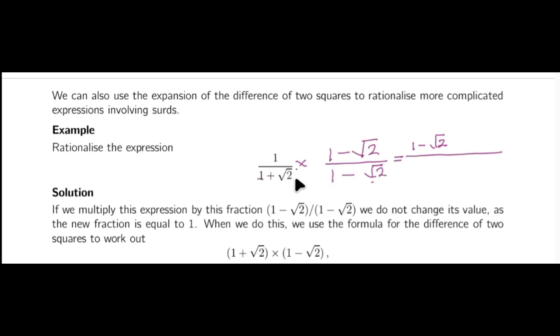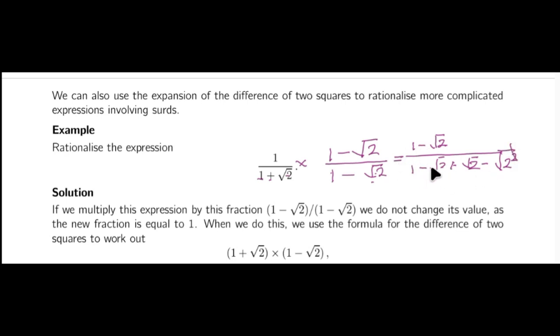So what we're going to be left with is 1 minus square root of 2 upon, 1 multiplied by 1, like we did earlier on, gives us 1. 1 multiplied by minus root 2 gives us minus root 2, right? Similarly, root 2 multiplied by 1 gives positive root 2, then root 2 and minus root 2 gives negative root 2 all squared, which can cancel out.